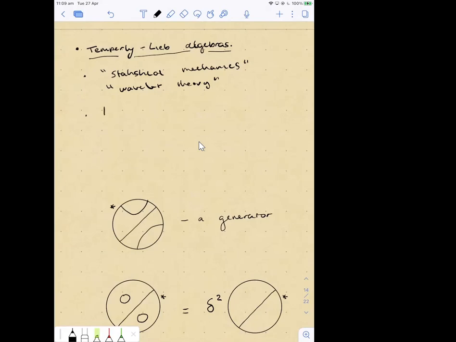So the Temperley-Lieb algebra, which we denote TL delta, that's not a delta loop, is generated by the set of planar tangles with no input disks.